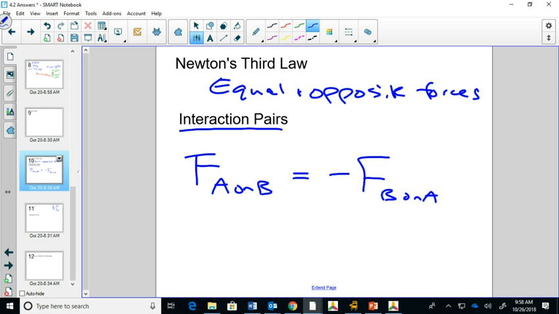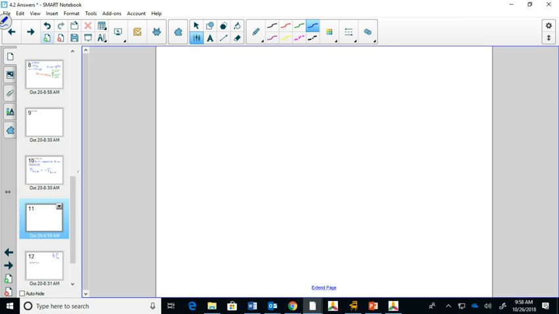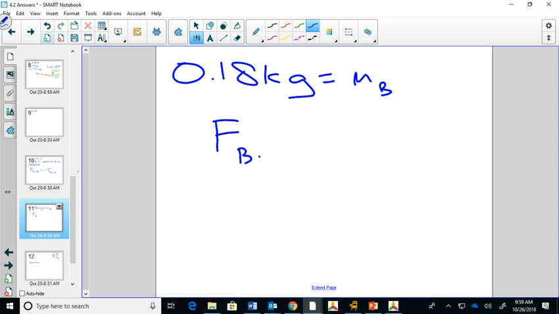So let's look at example problem number 4 on page 108. A softball has a mass of 0.18 kilograms. And we want to know what is the gravitational force on Earth due to the ball. So this equals the mass of the ball. And we want to know what is the force of the ball on the Earth.